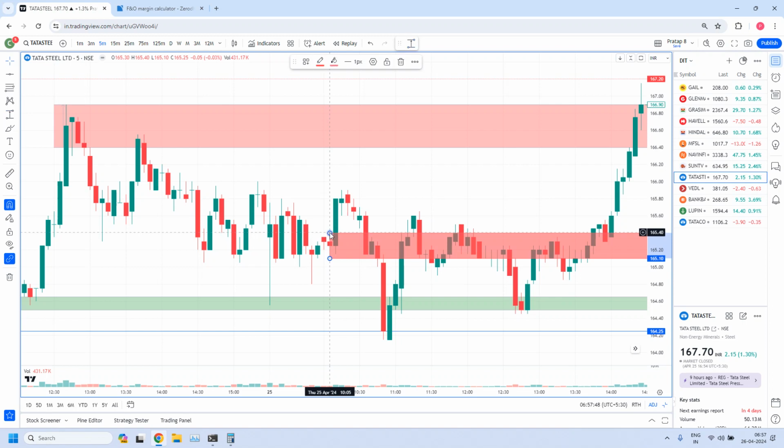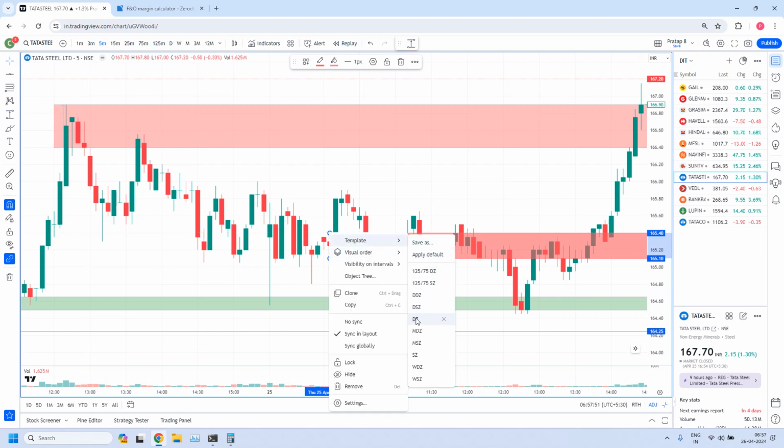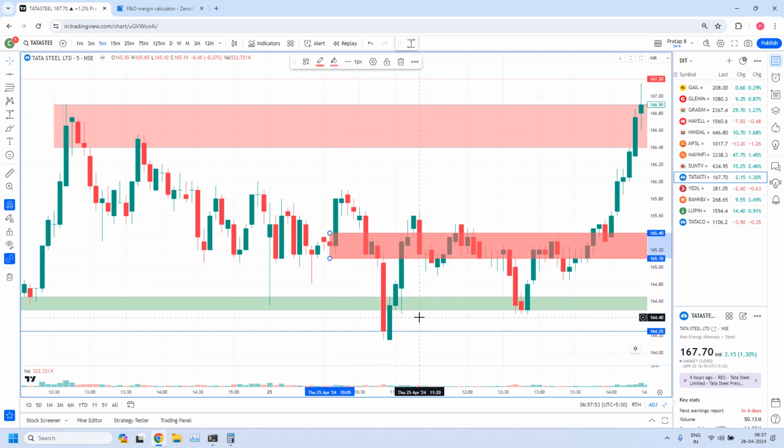This could have been your 5 minute demand zone, and here it failed. In this candle you would have exited. You would have got a very small profit, but okay. The trailing stop loss saved your day.